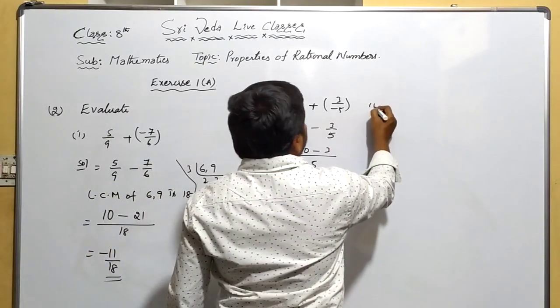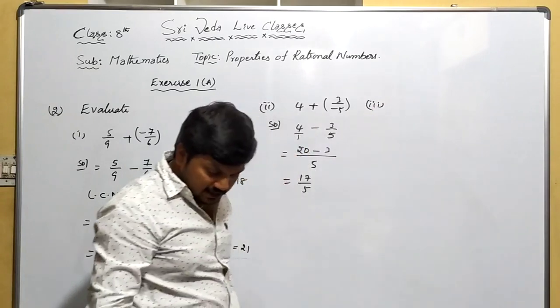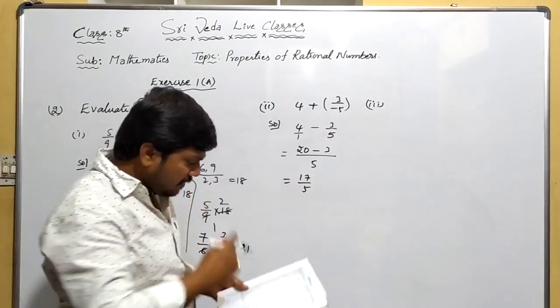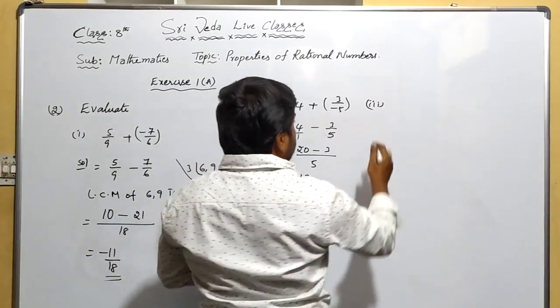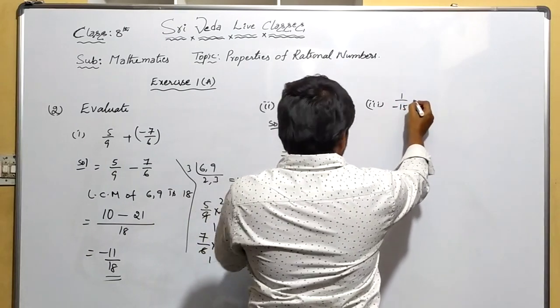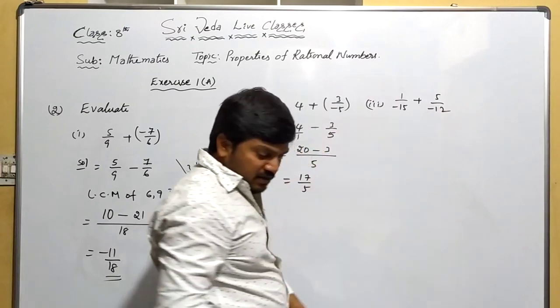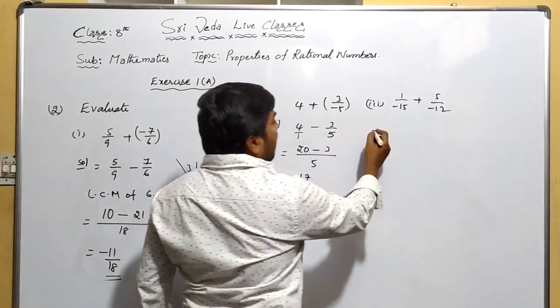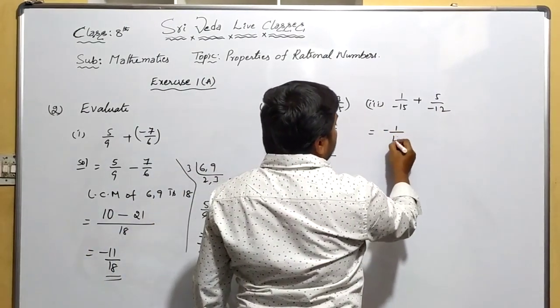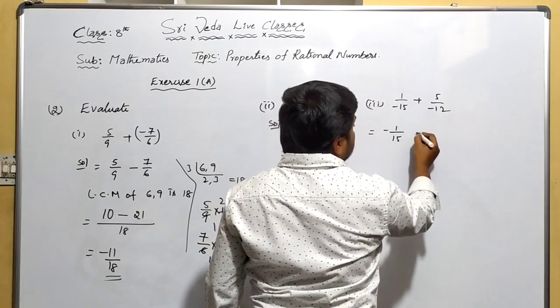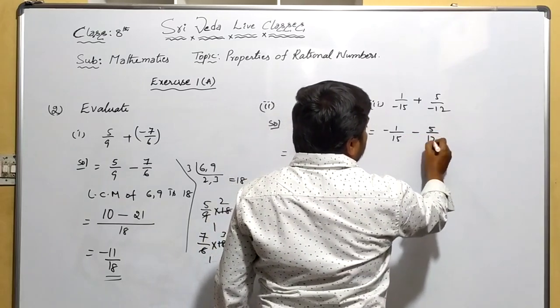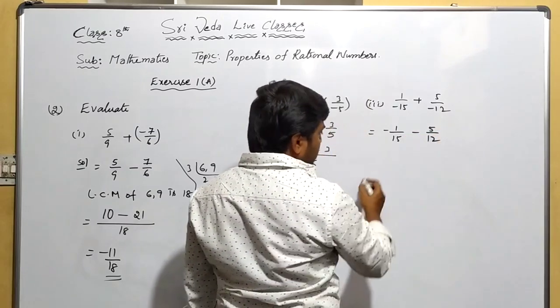Next, the third one. You see that third question? 1 by minus 15 plus 5 by minus 12. You see that? So you can write it as minus 1 by 15 plus into minus 5 by 12. Okay, we can write like this.